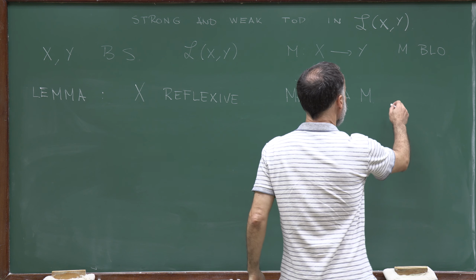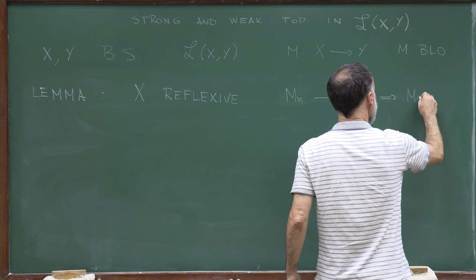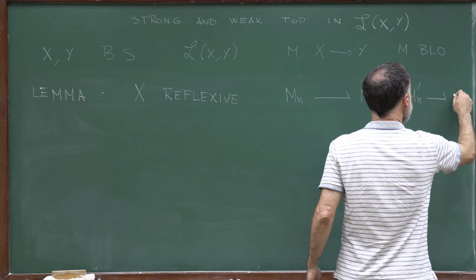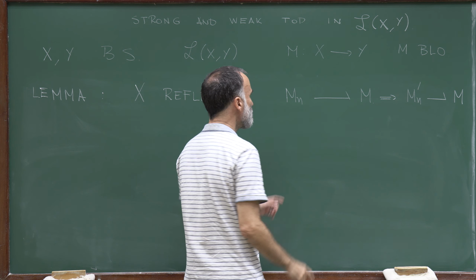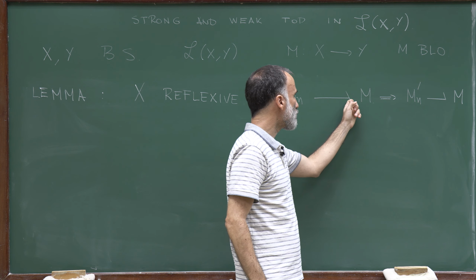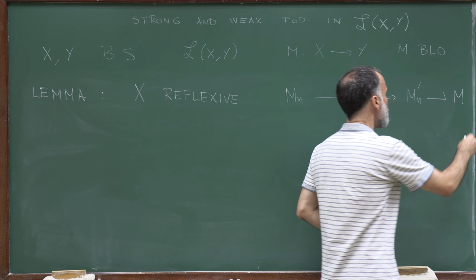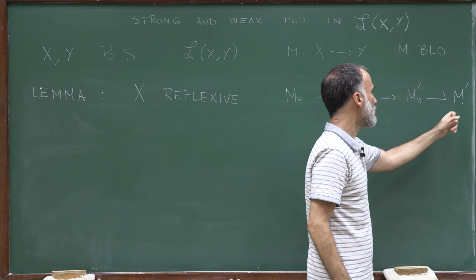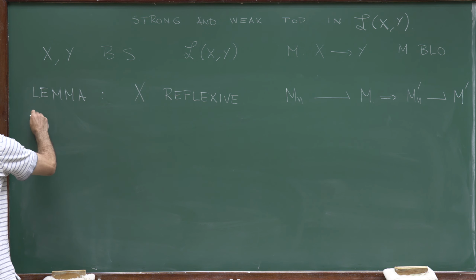What I claim is that this implies that Mn prime is converging weakly to M prime. So here note, I'm assuming that the sequence Mn is converging weakly to M, and I claim that the sequence Mn prime is converging weakly to M prime. So here's the proof.